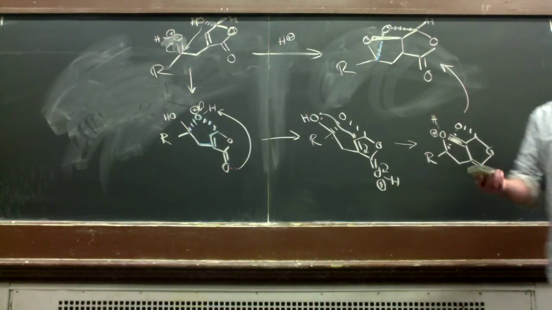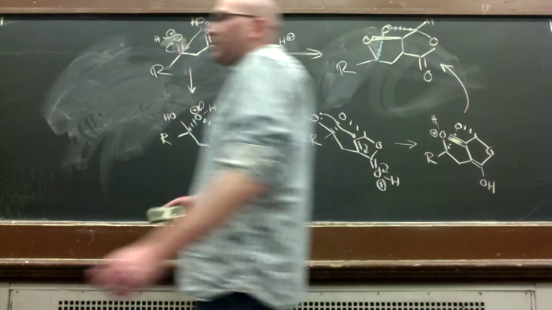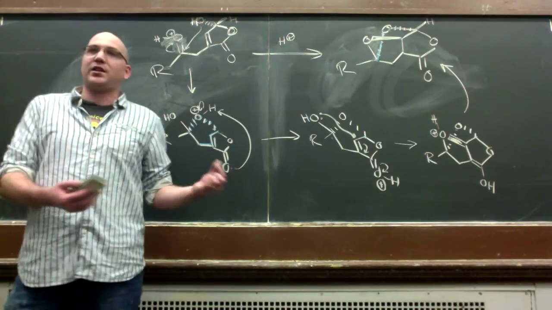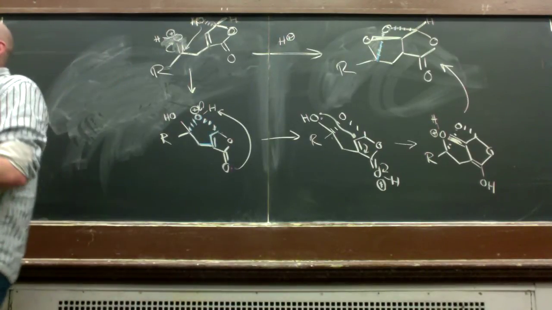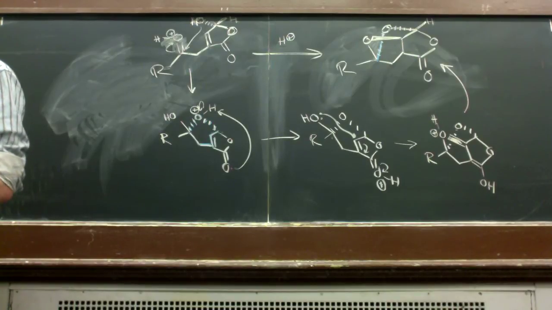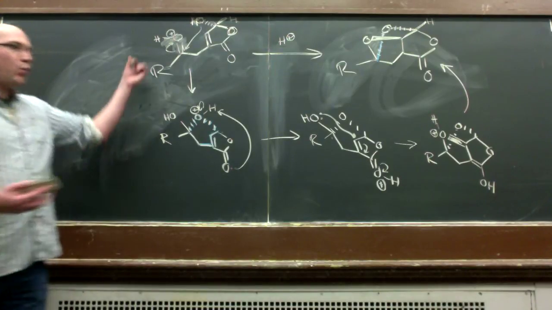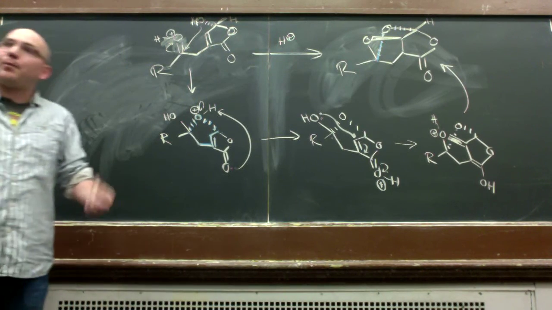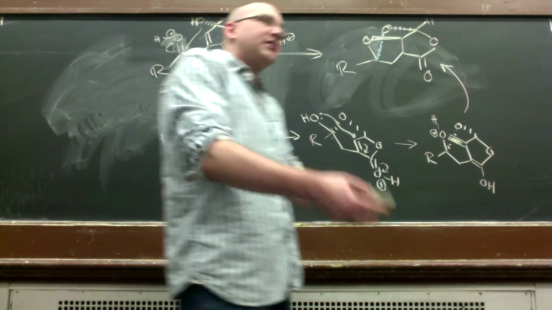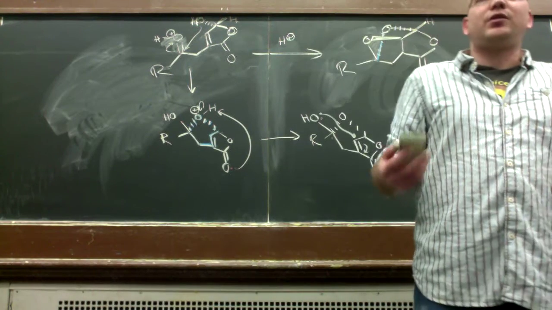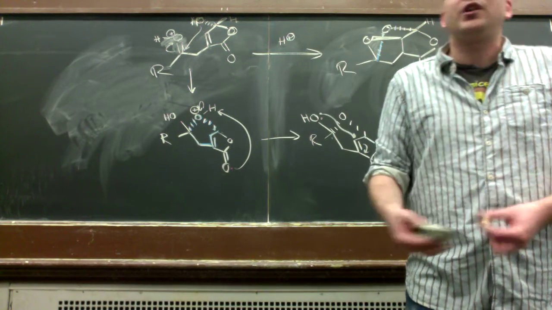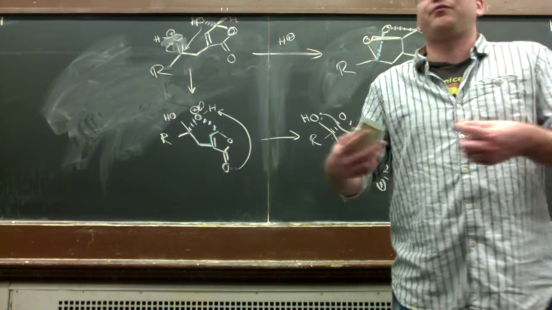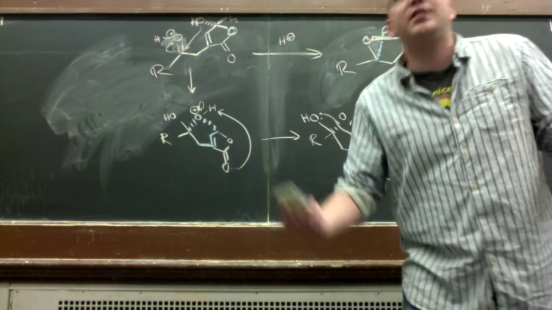Furthermore, we're going to do some synthesis problems, and I think it's worth it, even within a synthesis problem, to think about mechanisms. Because one of the big issues that I think transcends both mechanism problems and synthesis problems is that students draw structures that completely disobey the rules of basic foundational chemistry, right?